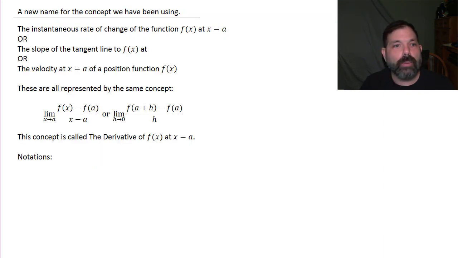And so we are going to give a new name for this concept. The instantaneous rate of change of a function f of x at x equals a, or the slope of the tangent line to f of x at x equals a, or the velocity at x equals a of a position function f of x.